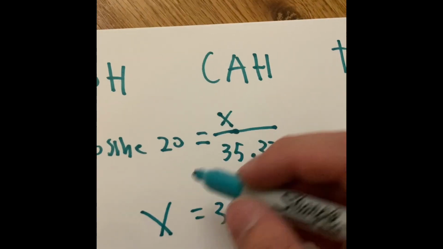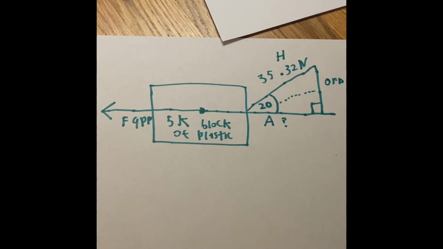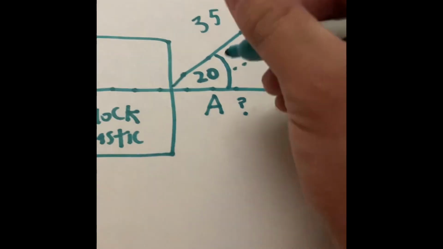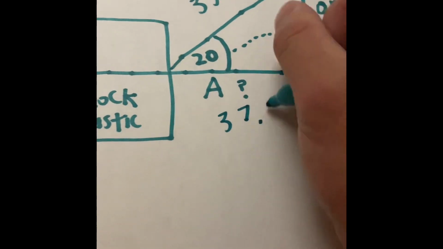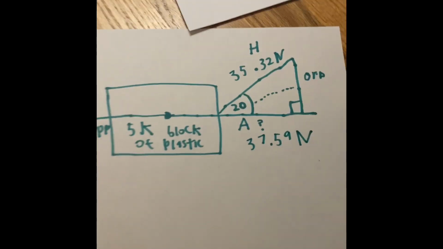That number explains that even though you have a force of 35.32 newtons at a 20 degree angle, your X is going to be 37.59 newtons to the left, horizontally.